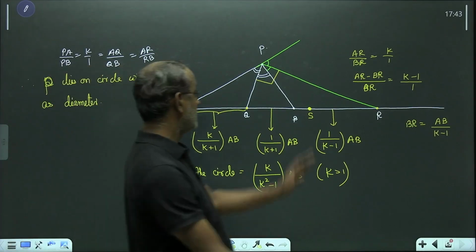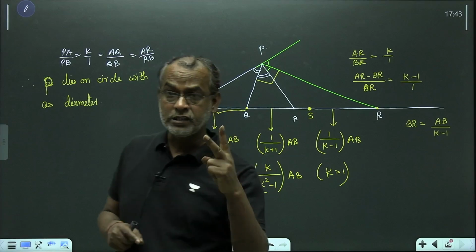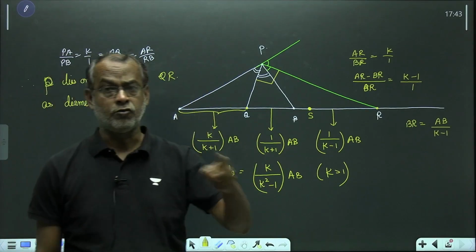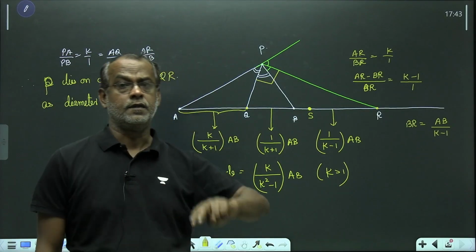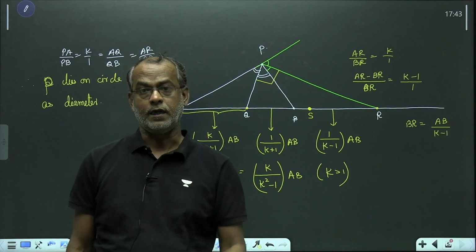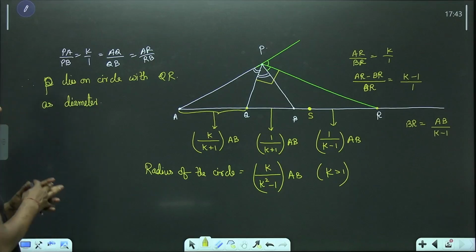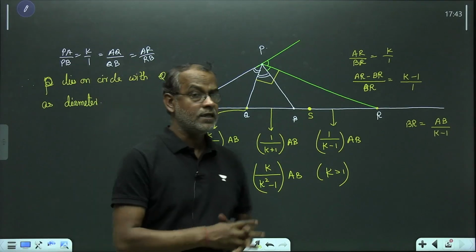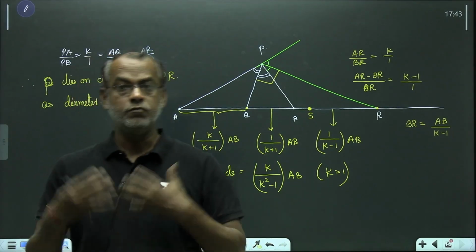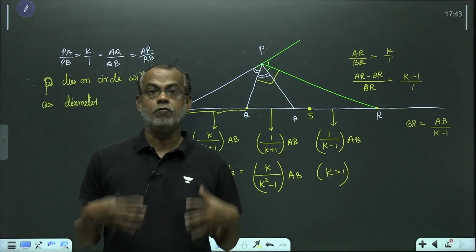Again, it is a beautiful combination of two things, one the angle bisector theorem and the other that the angle in a semicircle is a right angle. By combining these two, you are able to do it. This is something that we will, as we move on, be required to utilize in solving problems.